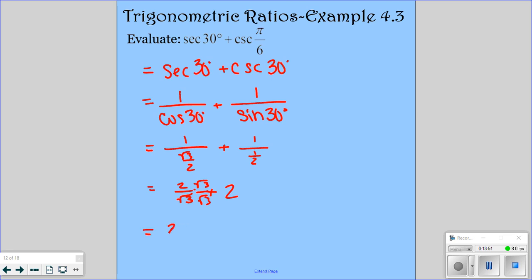That's going to become 2 square roots of 3 over 3 and then plus 2. To make that into one fraction, the denominator is going to be a 6. No, I'm sorry. It's going to be a 3. And so we're going to have 2 square roots of 3 plus 6 over 3. And so that would be your answer for that one.